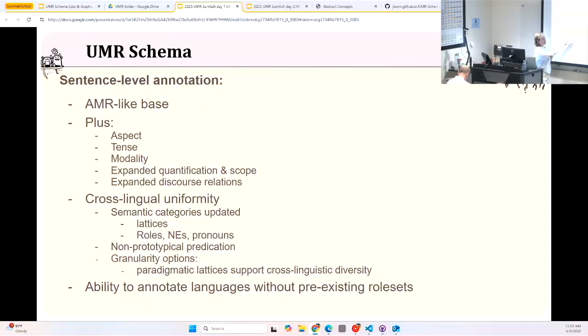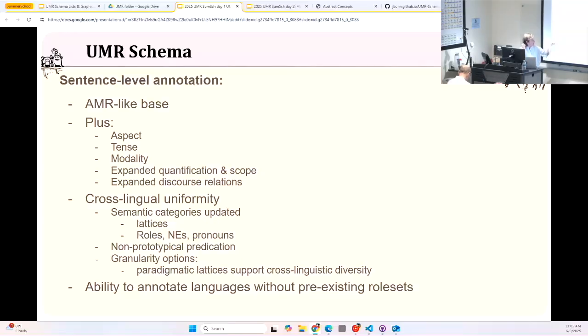And really you can choose whatever suits your language within that lattice. But it means that rather than having everybody going off and doing their own thing for their adaptation for their language, everybody is operating within the same overall framework. And the framework is extensible too. So if it turns out that we need to keep expanding our lattices, we actually could do it. It helps keep everything uniform.